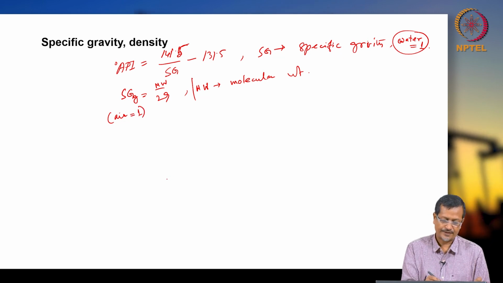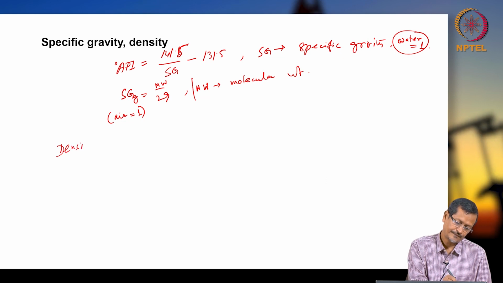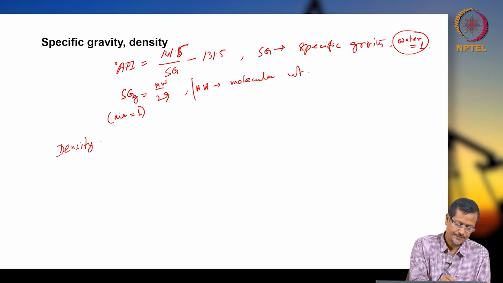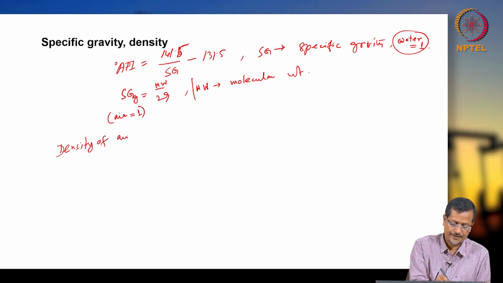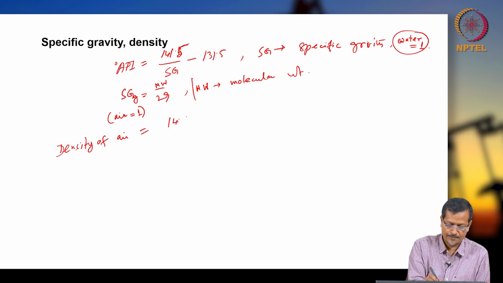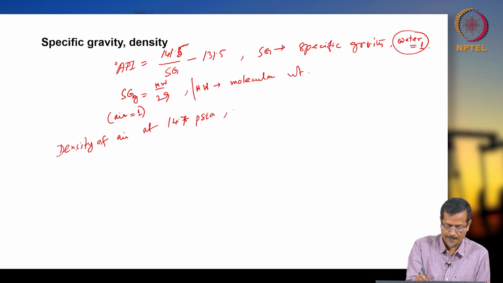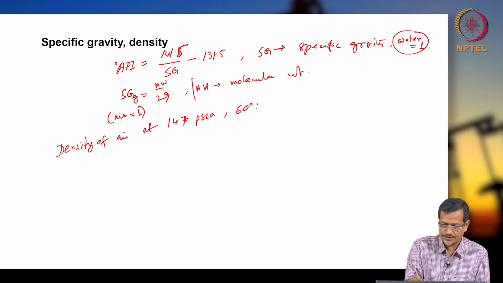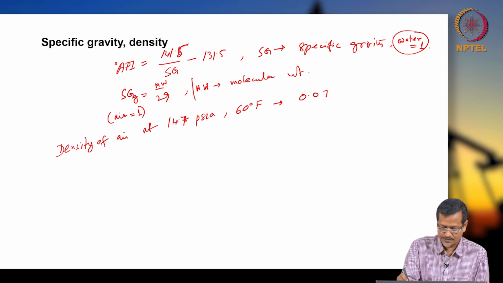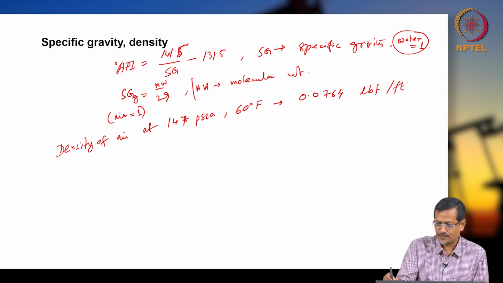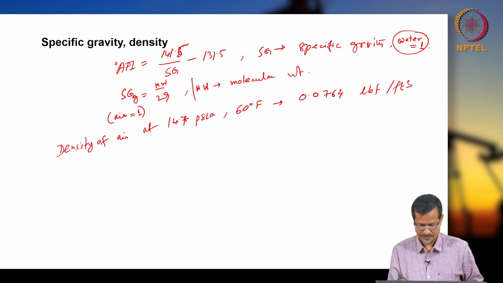The density of air at 14.7 psia and 60 degrees Fahrenheit is 0.0764 lbf per cubic feet.